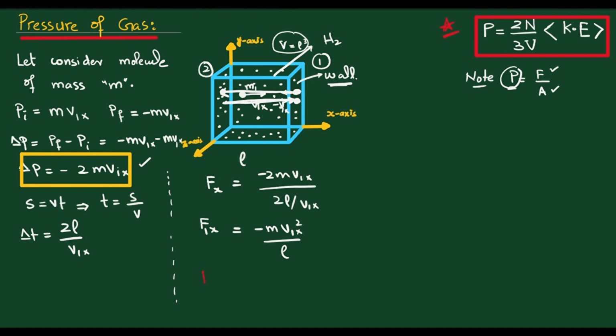So F1x is equal to minus into minus m v1x square divided by L. The minus and minus cancel out, and we get F1x equal to m v1x square divided by L.